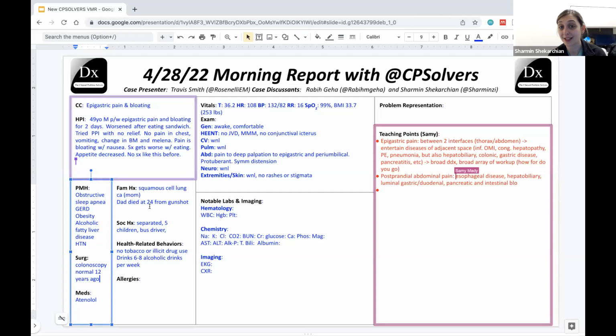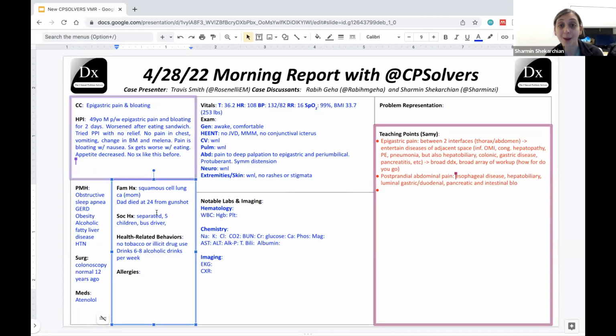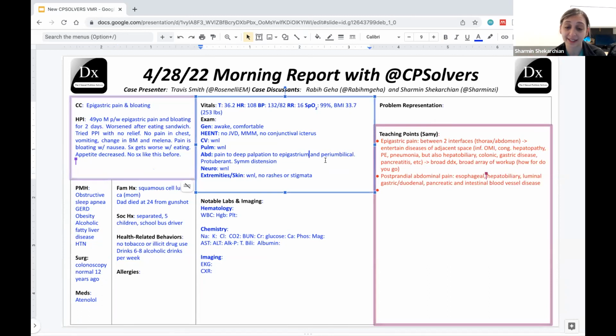So anything that can cause mucosal surface problems that can be made worse with eating, thinking about vascular etiologies, right? The GI tract has a lot of vessels, and when there's food, you're going to need more blood flow there. So if there are any issues with atherosclerotic disease or any vascular issues, that can cause pain as well.